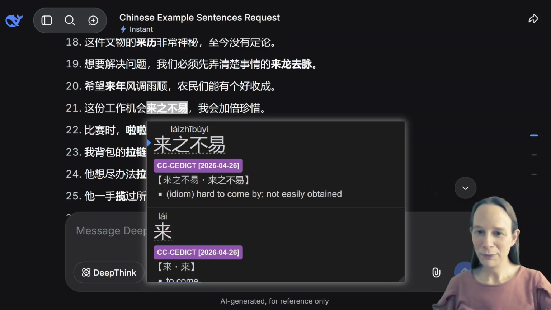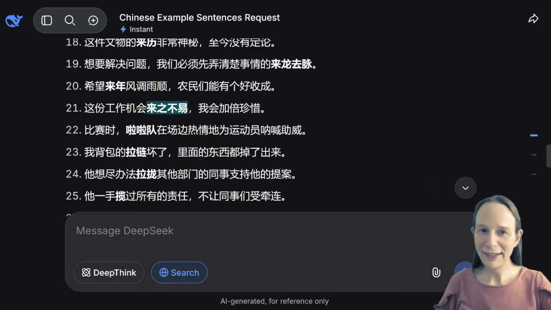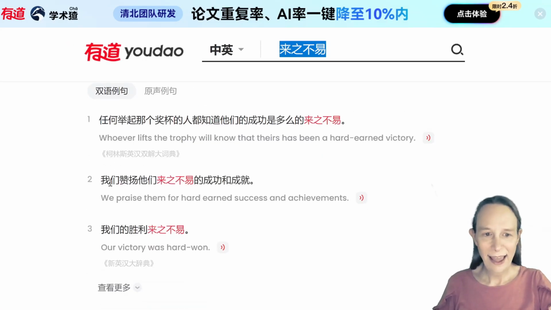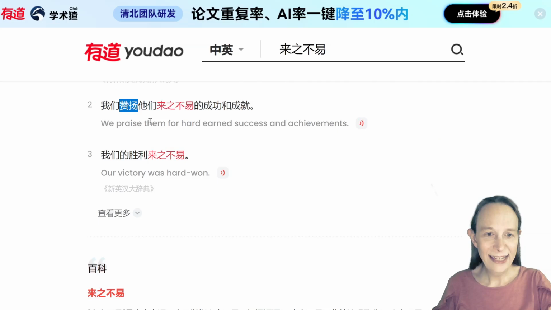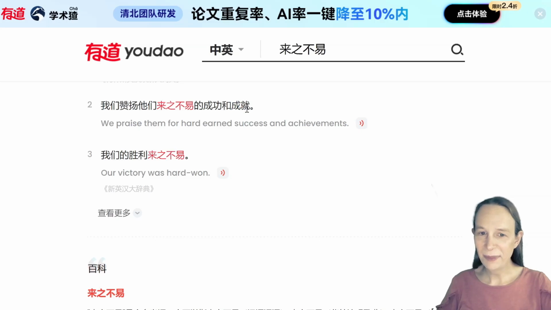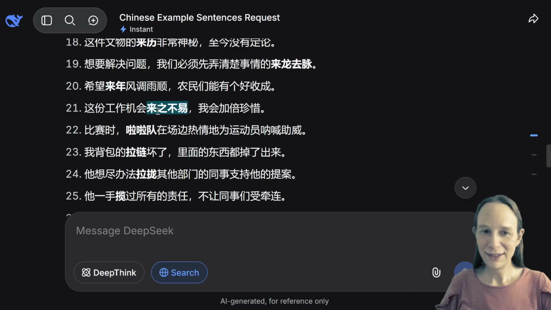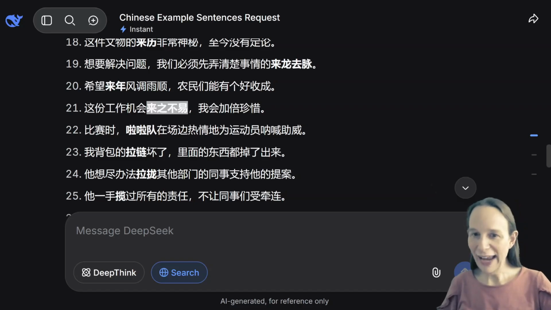So what are some things that are hard to come by? Opportunities. 我们赞扬他们来之不易的成功和成就. Success and achievements. I feel like those are hard earned. Victory, 胜利, 成功. So not easily come by forms of success and achievement.